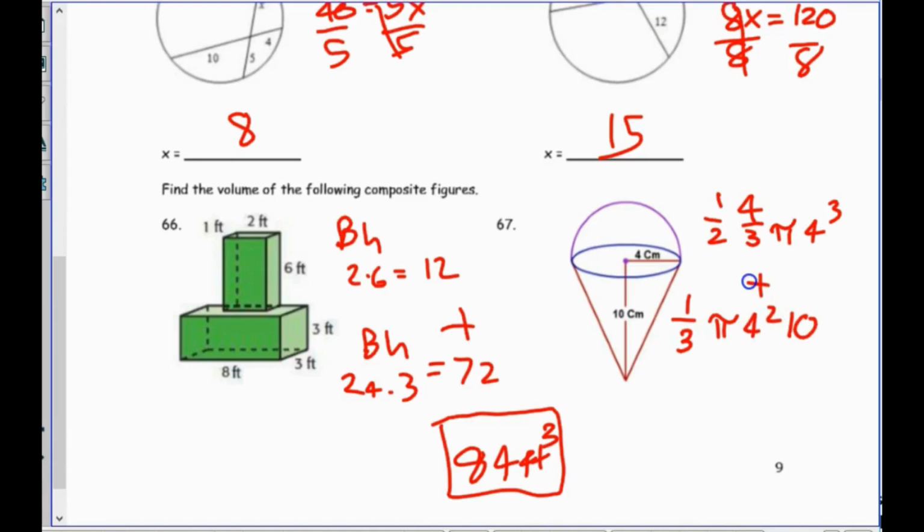So I got 1/2 times 4/3 times pi times 4 to the 3rd power, and then I'm going to do 1/3 times pi 4 squared times 10.